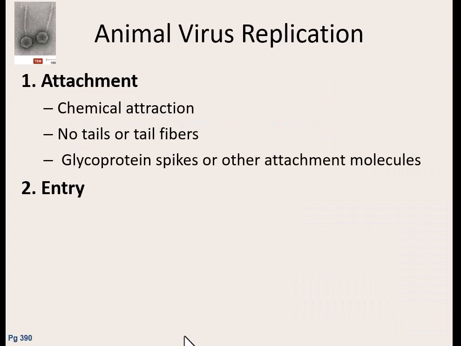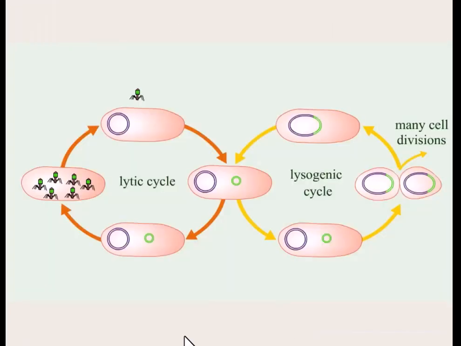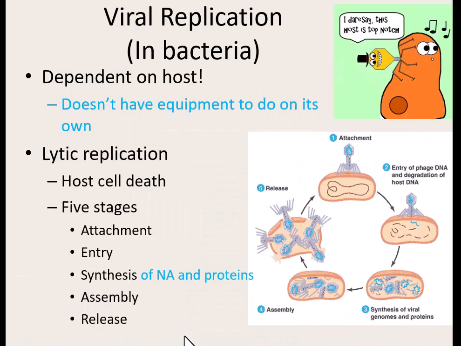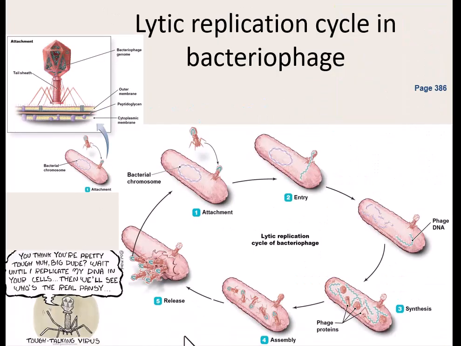The first thing that still has to happen is attachment. That virus still has to attach to our cells. There's usually some type of chemical given off by our cells that attracts the virus to those specific cells. The viruses that infect us don't have tails or tail fibers, which means they don't look like they have landing gear. If I go back, these little things are called tails or tail fibers.